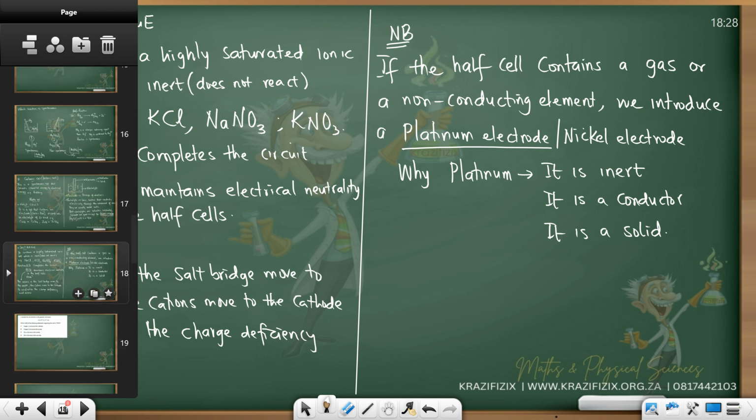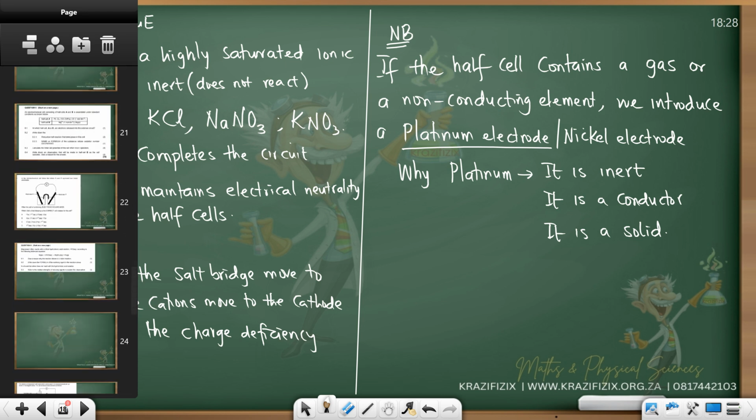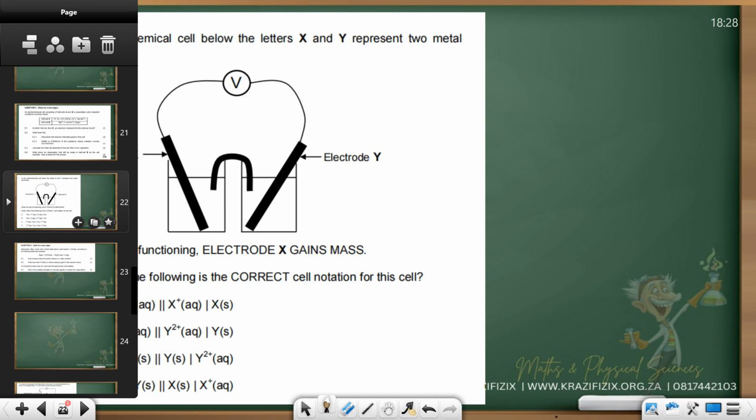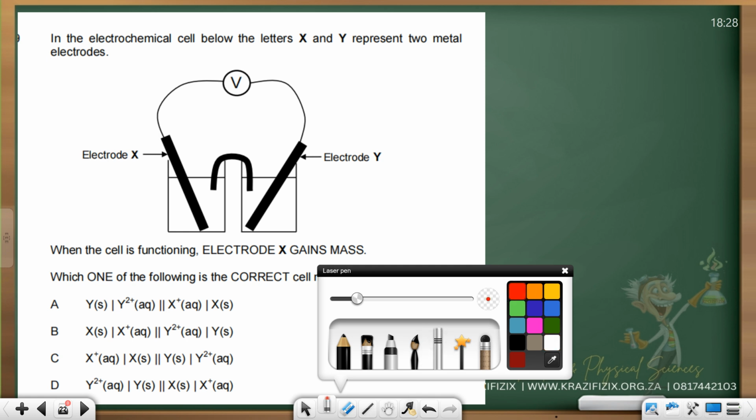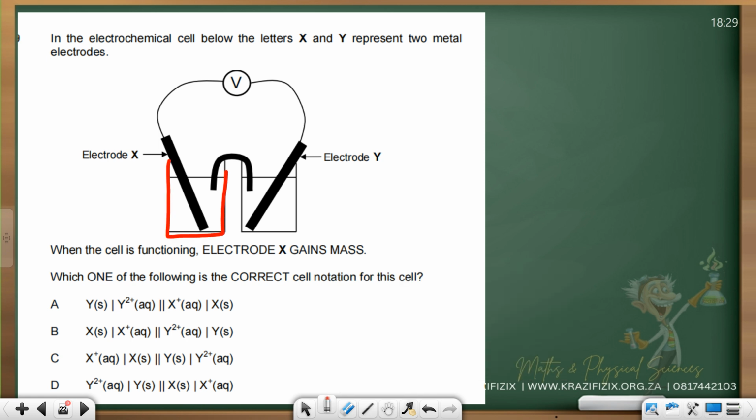This is a simple makeup of a galvanic cell. That is one half cell. That is another half cell. This is an electrode. What you have here is an electrolyte. Do you notice that they are solid?